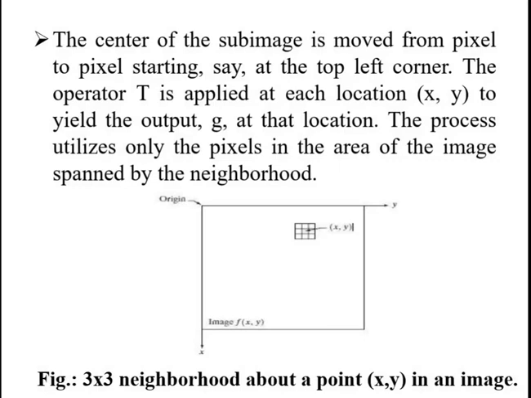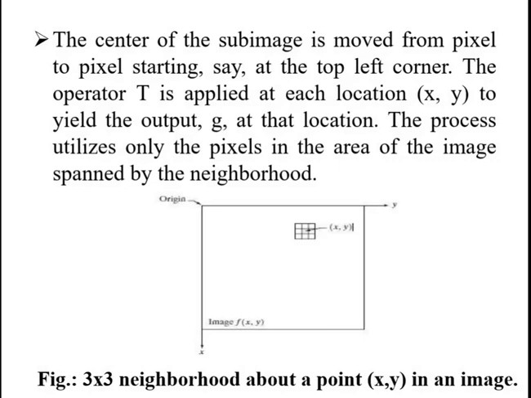The result g(100,150) at that location is computed as the sum of f(100,150) and its 8 neighbors divided by 9. That is the average intensity of the pixels encompassed by the neighborhood.